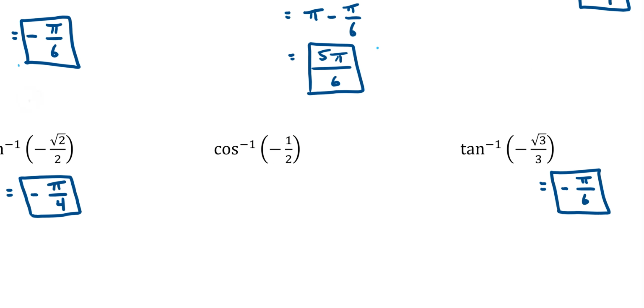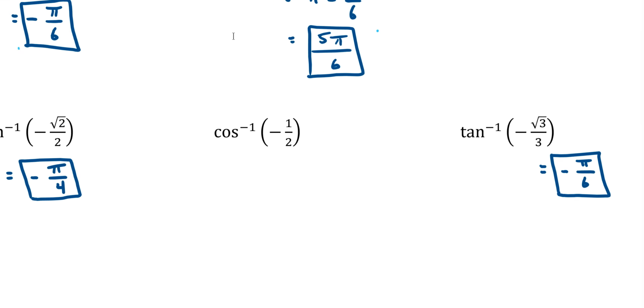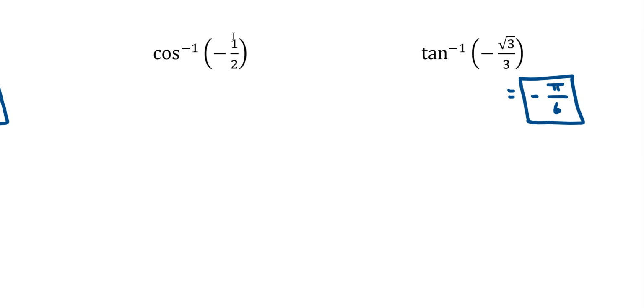So let's see another one. Hopefully it makes a little bit more sense. Cosine inverse of negative 1/2. What I like to do for these is, as soon as you see cosine inverse of a negative, right away put pi minus. Cosine inverse of a negative, put pi minus right away. And then we're just going to evaluate cosine inverse as if it's positive.